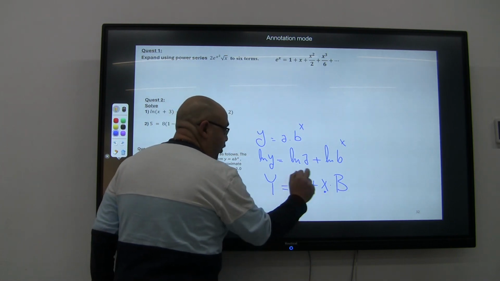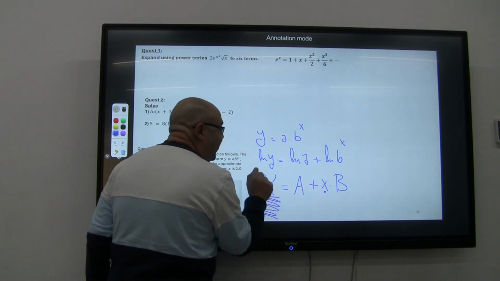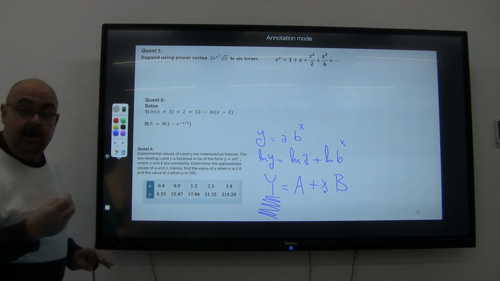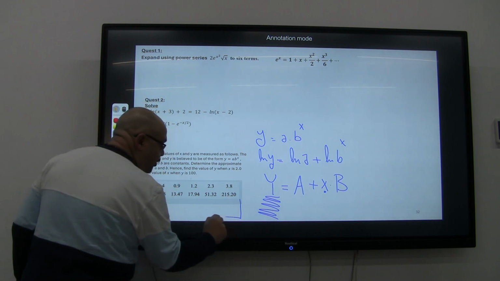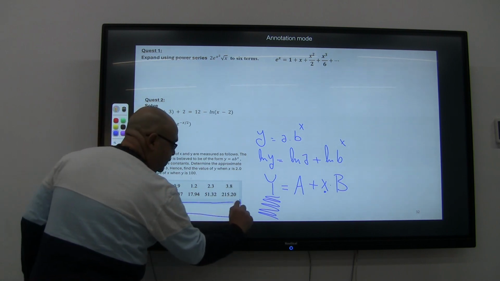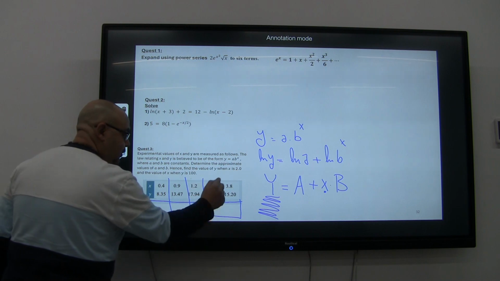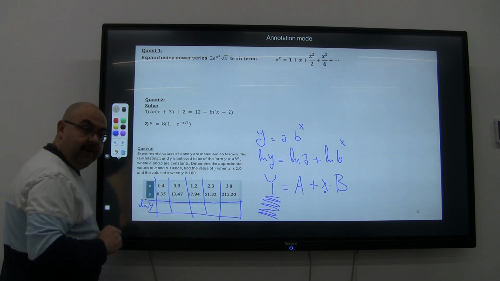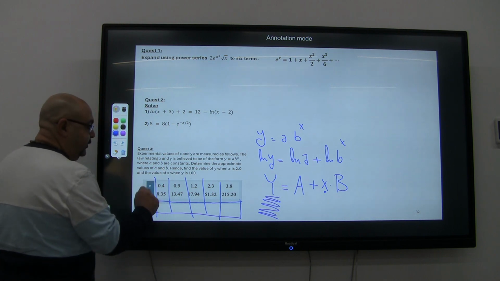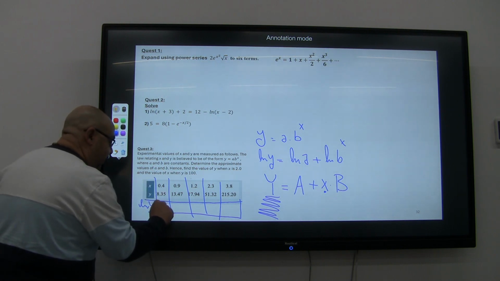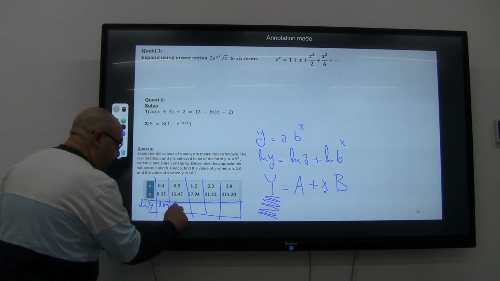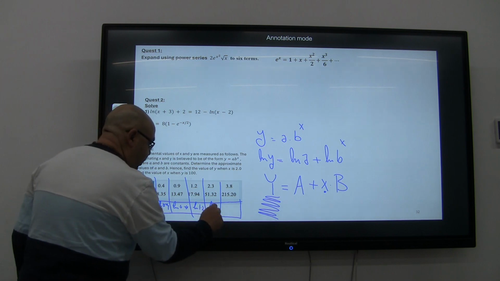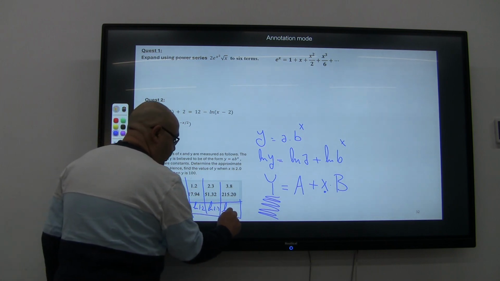But you will graph it against ln of y. So actually for this table, you will have to add another row, which stands for ln of y. Then start taking the points: ln of 0.4, ln of 0.9, ln of 1.2, ln of 2.3, ln of 3.